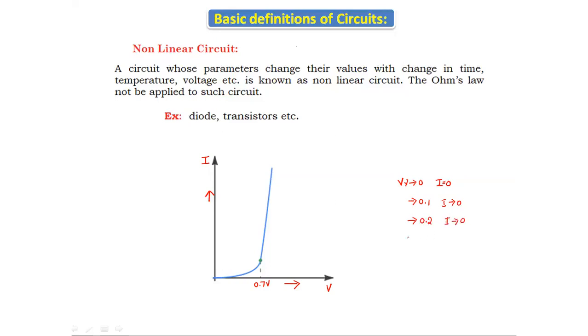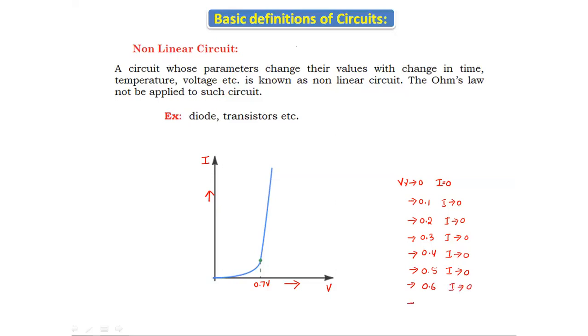From 0.2 to 0.3 volts, the current is 0. From 0.3 to 0.4, no change. From 0.4 to 0.5, no change. From 0.5 to 0.6, the current is still 0.